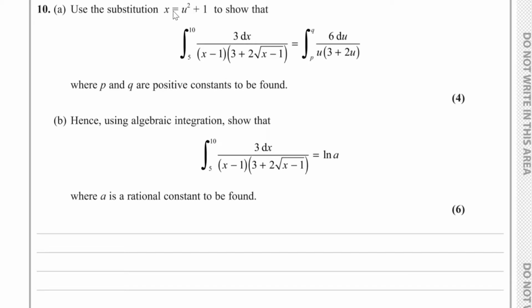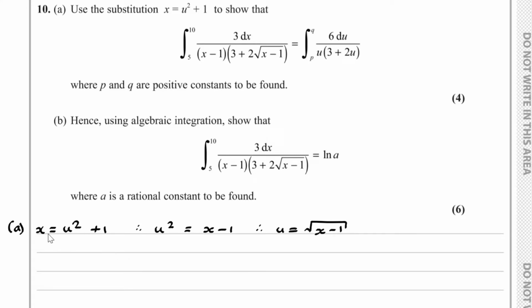Well, the first thing we need to do is apply our substitution. We have x equals u squared plus 1. From here we can rearrange to say that u squared, that's equal to x minus 1, and therefore u, that's equal to the square root of x minus 1.